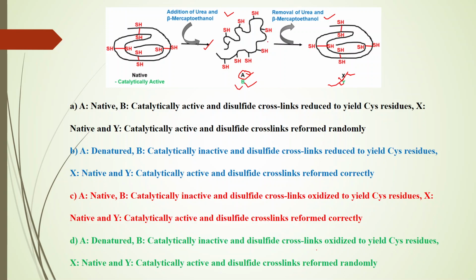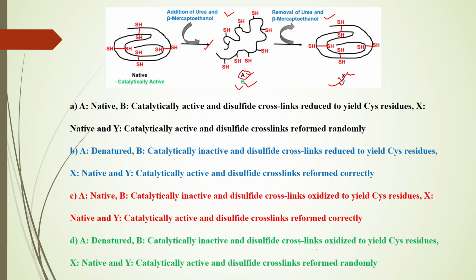And for B, if the protein is denatured, obviously it will not be able to act as a catalytically active species. So the correct option for A and B is denatured and catalytically inactive, because it is not in its native state.